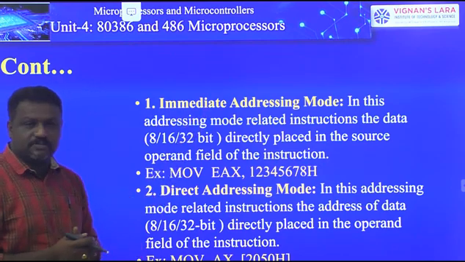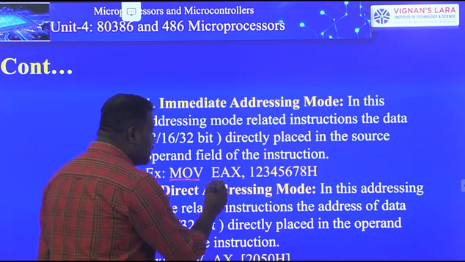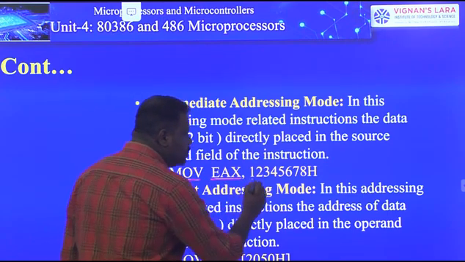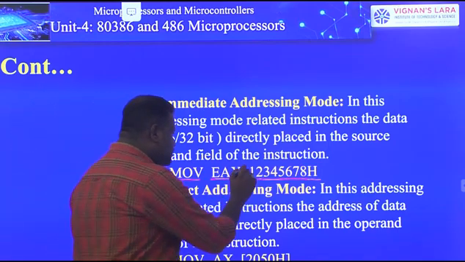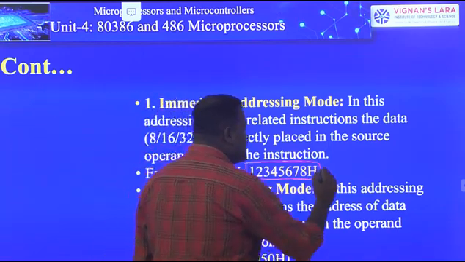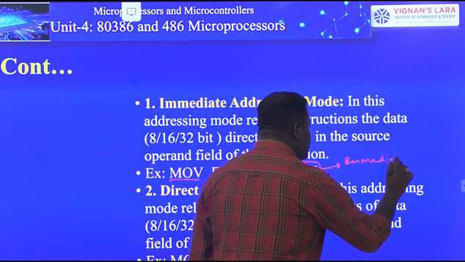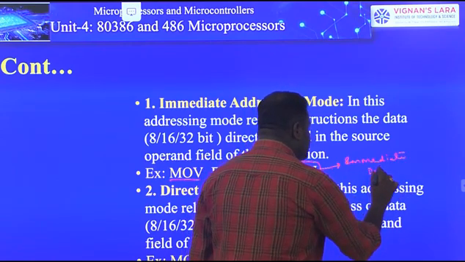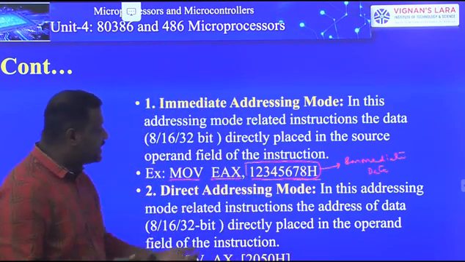If I consider an example, here is MOV EAX, 12345678H. Here this is our immediate data. What is its size in bytes?